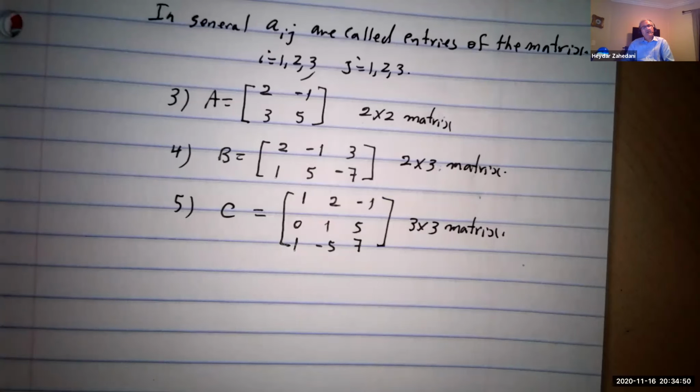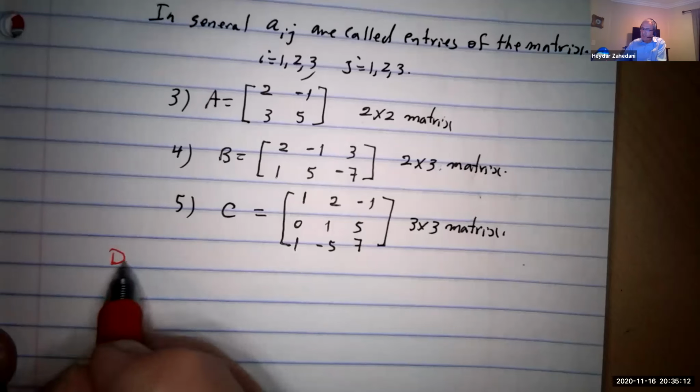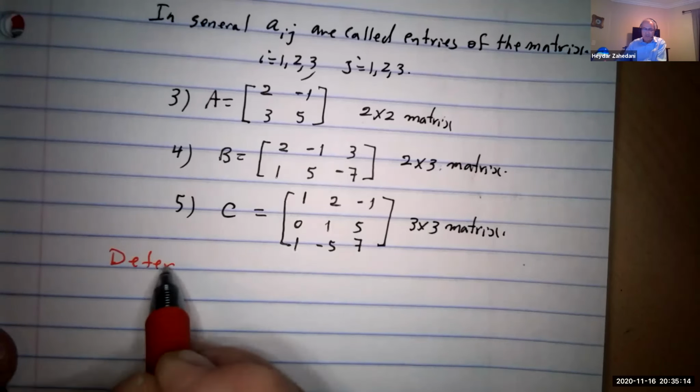Now, I'm quickly going to the part that we're going to be interested in. The quantity of a matrix that we're going to be interested in is called the determinant of the matrix. It's going to be a special number that would be useful for our purposes. So we go with that definition.